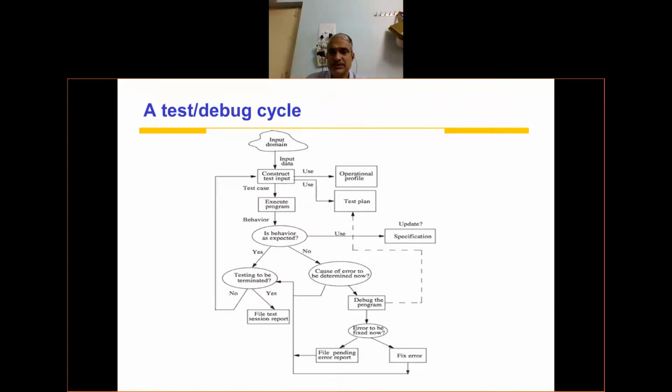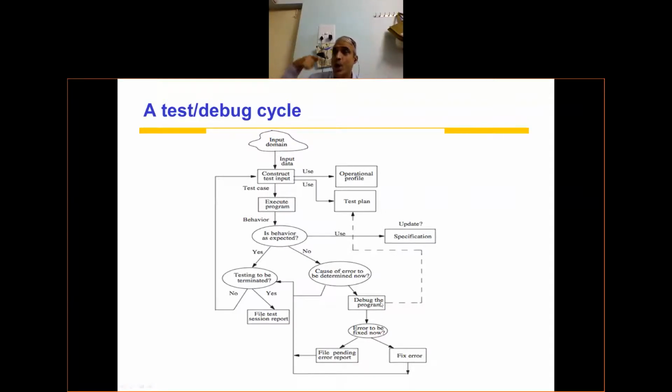Then, okay, I was talking about whether the behavior is as expected, right? Use the specification. How the specification is given is in model-based testing. This is what a test oracle does. Next, finding the cause of the error: debugging the program.